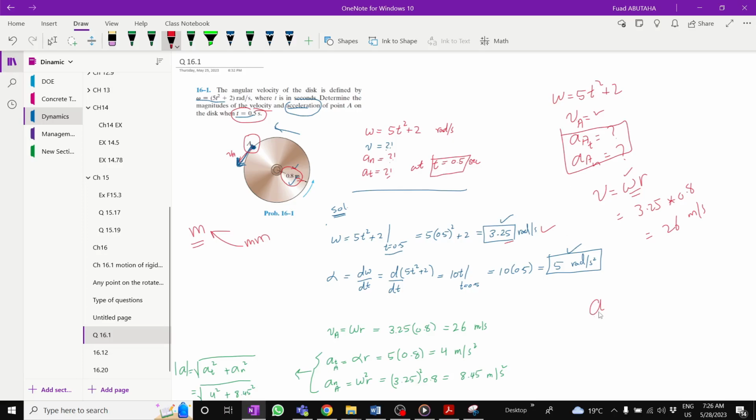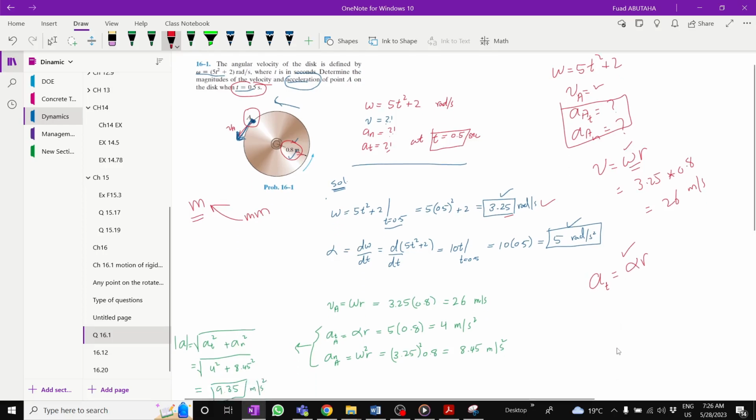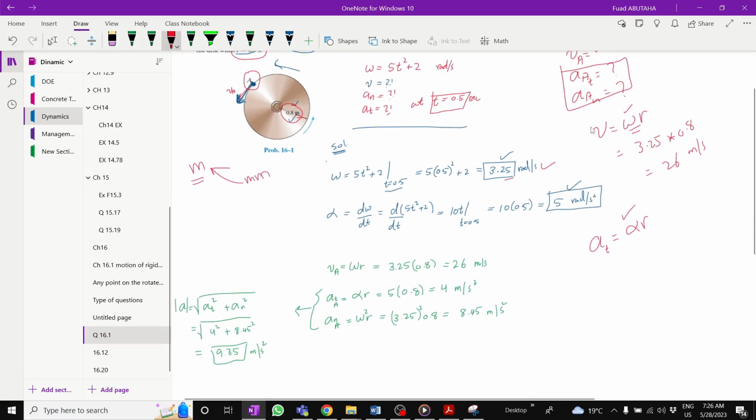The tangent acceleration of this point will be equal to alpha times the radius. We don't have alpha, but we do remember that he gave us omega as a function of time, and we can get theta and alpha by differentiating.